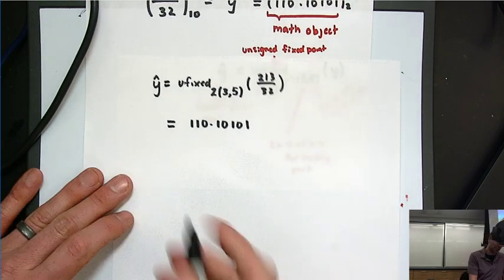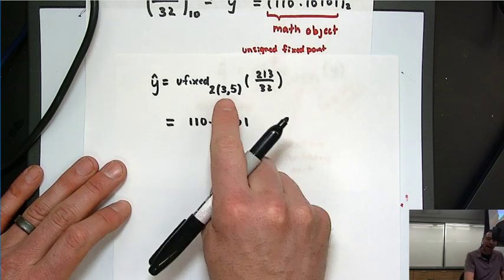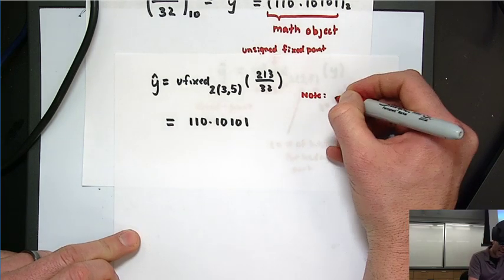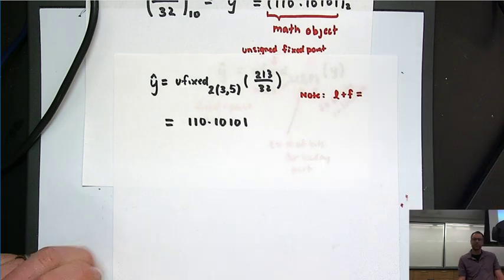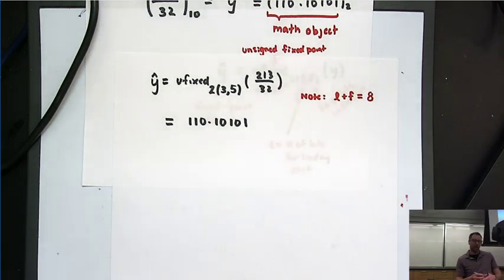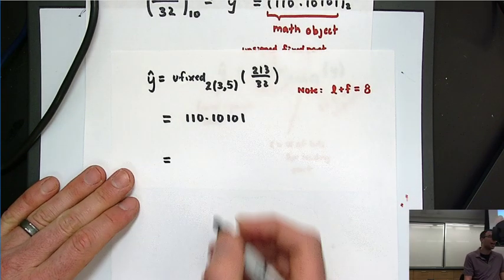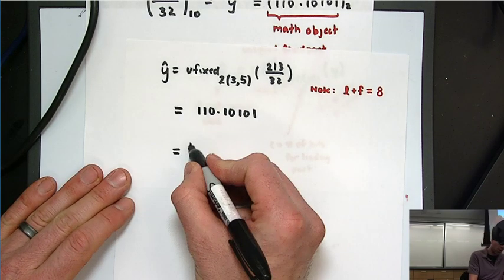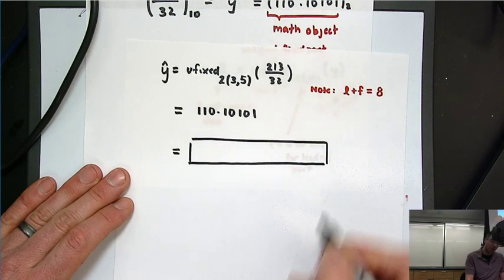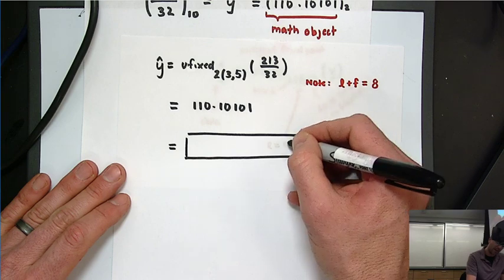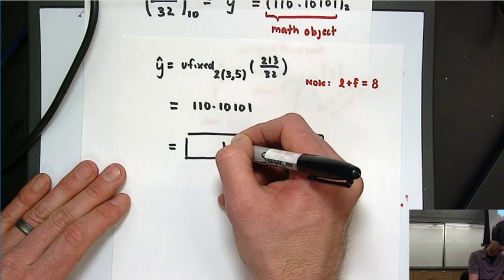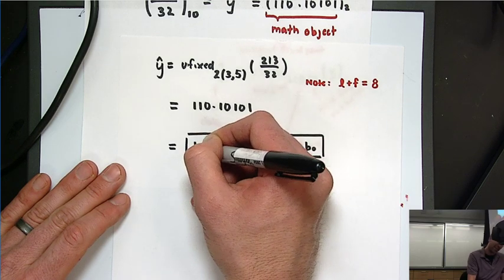Okay, so what does that say? If we look at this, how many total bits? Let's note something. What is L plus F in this case? 8. Okay, so let's think about this for a second. Every time we assign a variable in memory, what's the corresponding idea? Somewhere in memory we have this string B0, B1, B2, B3, B4, B5, B6, B7.